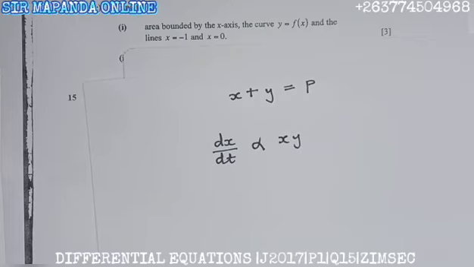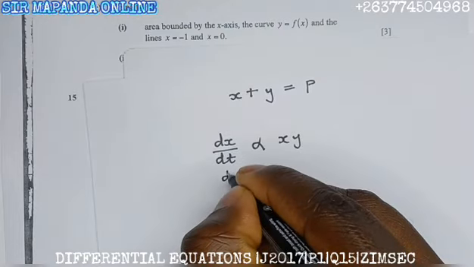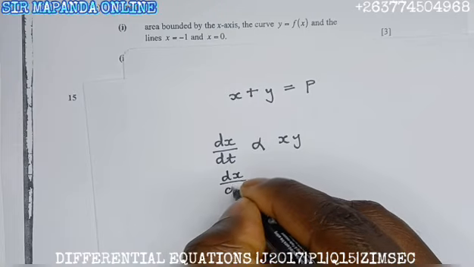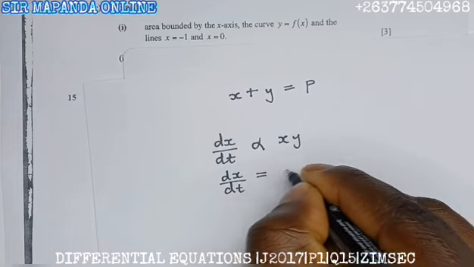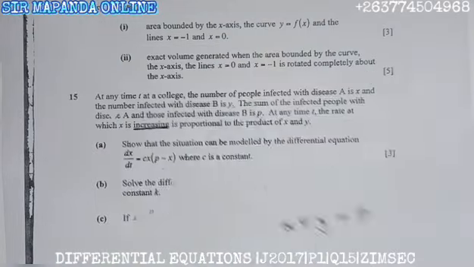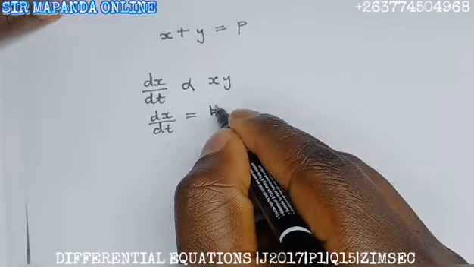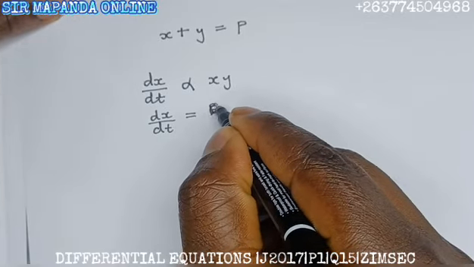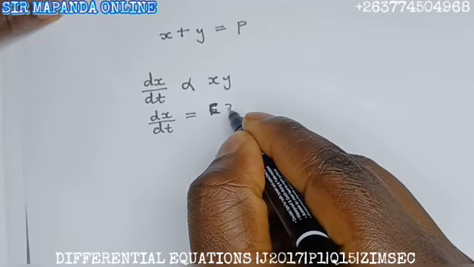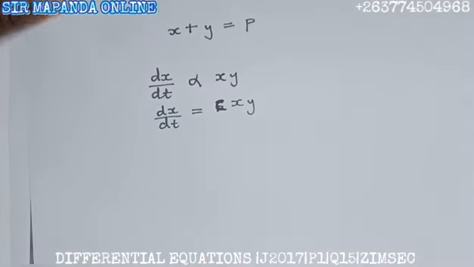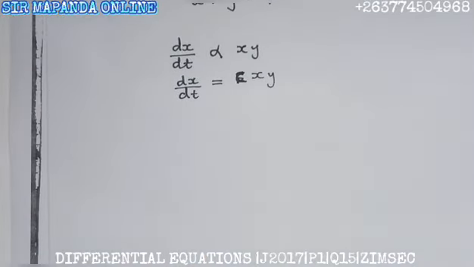You remove the variation sign by multiplying the right side with the constant of proportionality. In this case, they are saying C is a constant. So instead of using K, let me use C. So you are writing dx over dt is equal to cxy. I hope you are listening.